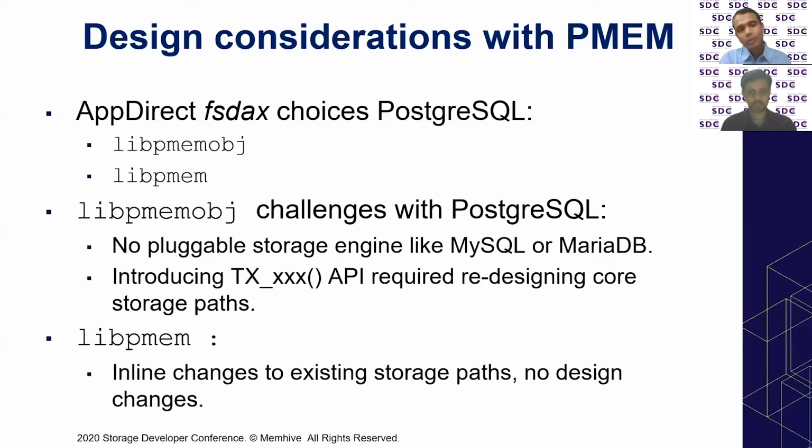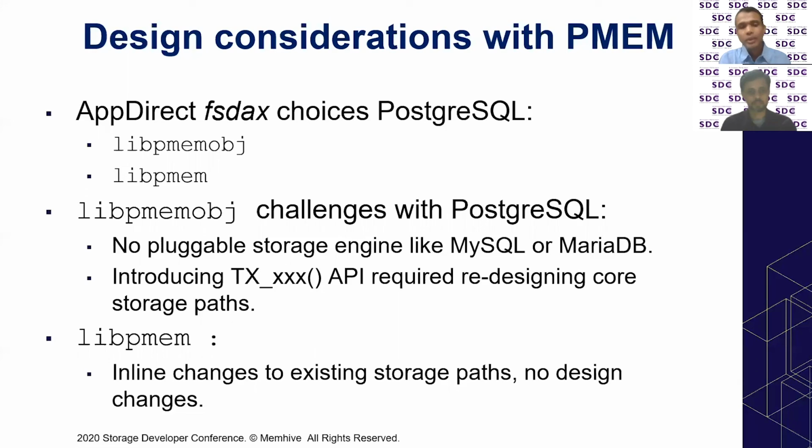Using the PMEM obj library poses some challenges with Postgres. Unlike a DB like MySQL or MariaDB, Postgres doesn't provide a storage engine that is pluggable, has a well-documented API, and can be used to intercept IOs and redirect them to the PMEM obj library in order to use its transactional API.